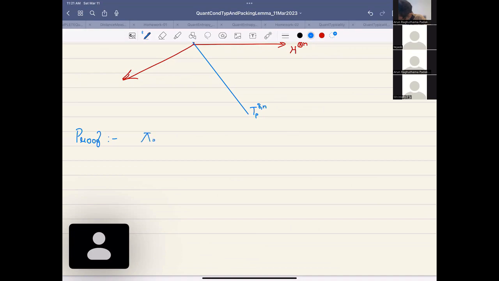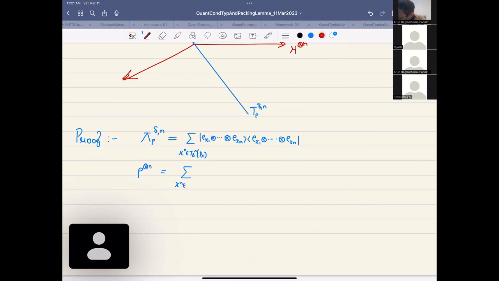Recall pi rho delta N. What is this? This is essentially the sum over x^n belonging to T delta n of P_X, of the rank 1 projector |e_{x1}...e_{xn}><e_{x1}...e_{xn}|. What is rho tensor n? Rho tensor n is everything, right?